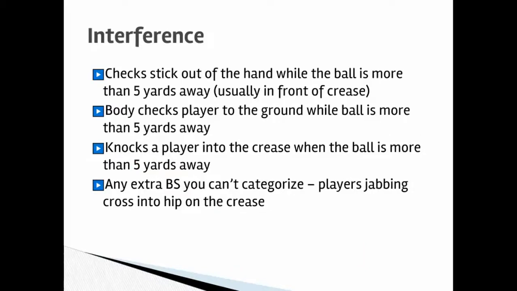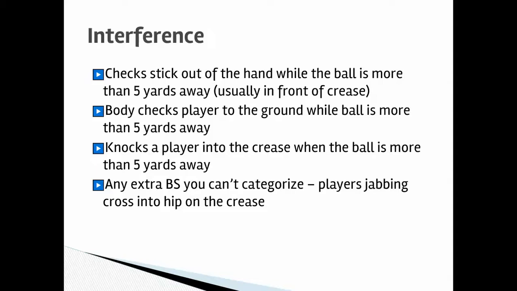When you body check a player, and I'm using the word body check because it's not to the level of a personal foul, but when you take a player to the ground while the ball is more than 5 yards away. So he passes the ball, 1,001, 1,002, not a violent hit that's going to be the safety one, but you take him to the ground.